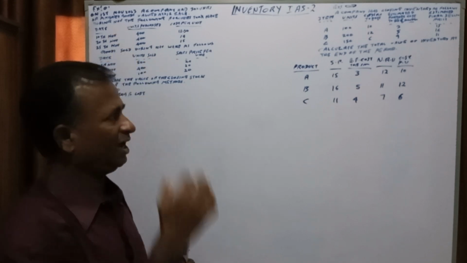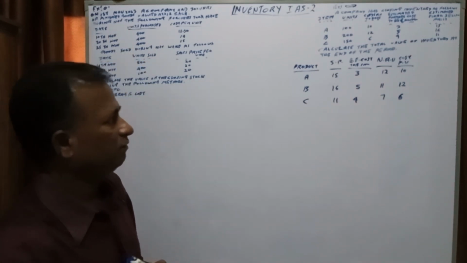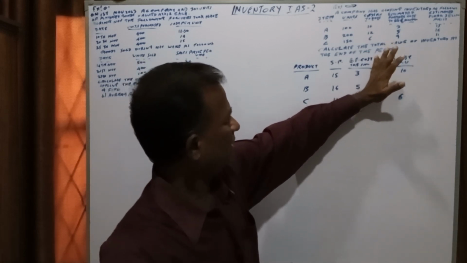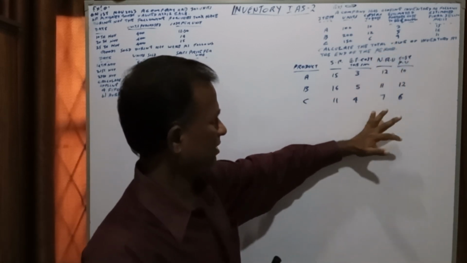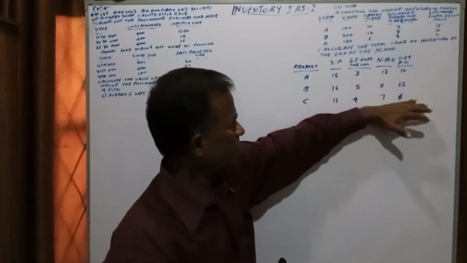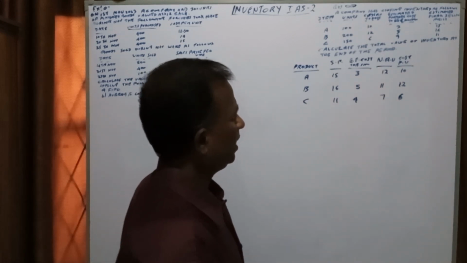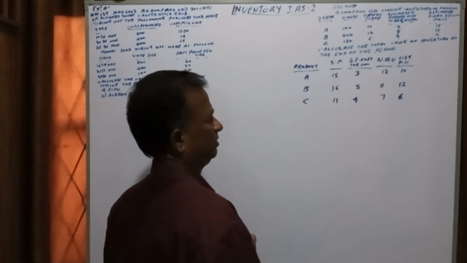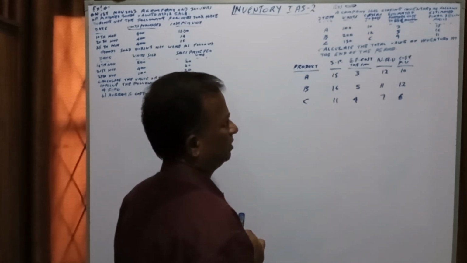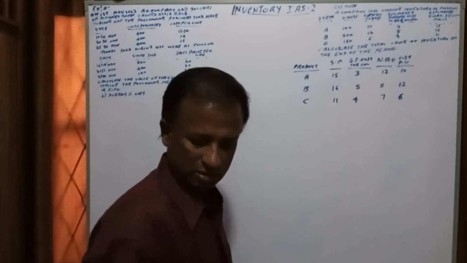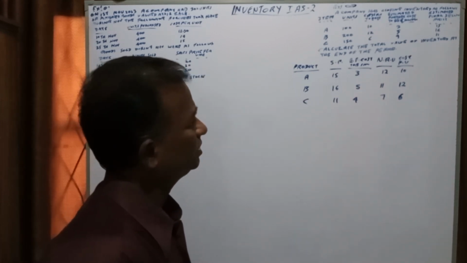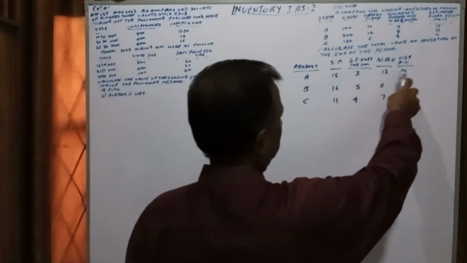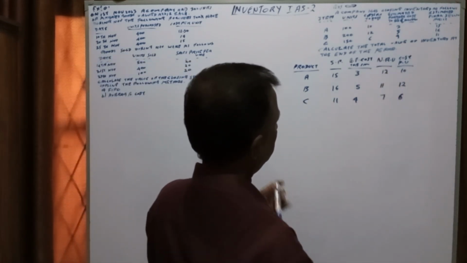Cost per unit they have given in the question. We did the working to get the net realizable value. Now you have to say which one you have to select for costing purposes. From these two only you are going to select.